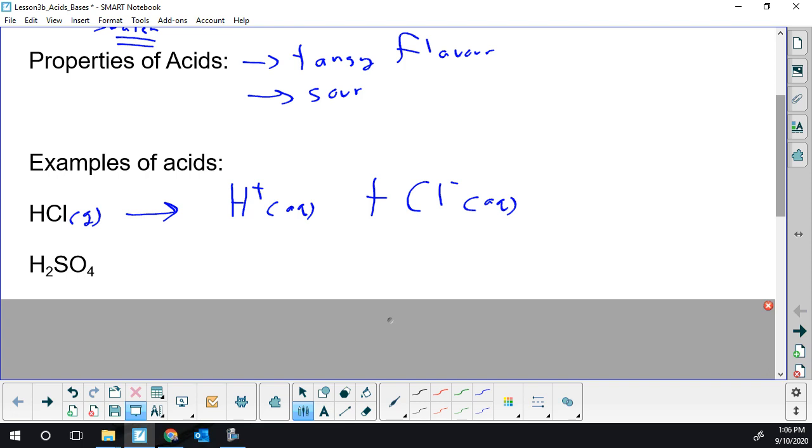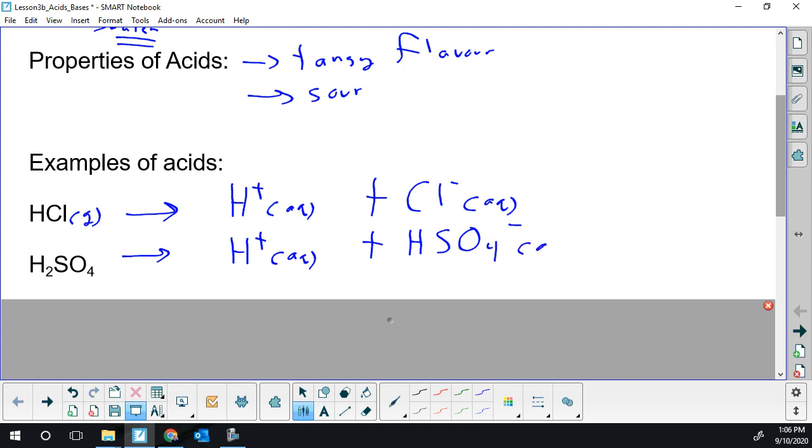Another really commonly used acid, sulfuric acid, starts as H2SO4. You put it in water, and one of those H's totally comes off. You get H+, and then everything else that's left over. The second H is left over, the S, the O, four of them.